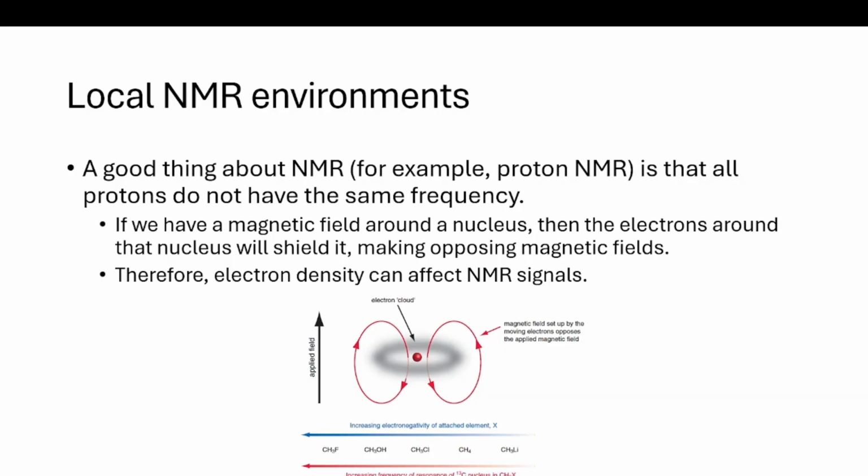Therefore, if we have less electron density around some nucleus, then that nucleus is less shielded. And therefore, we're going to get a greater frequency of resonance that's going to be picked up by the NMR detector.